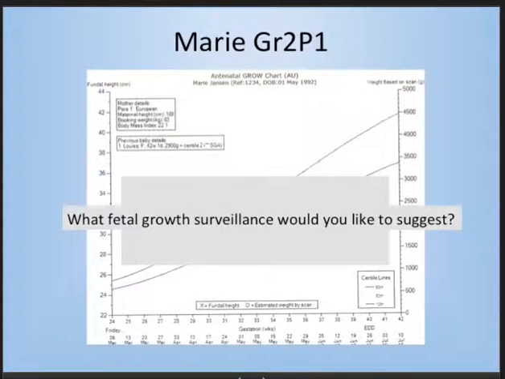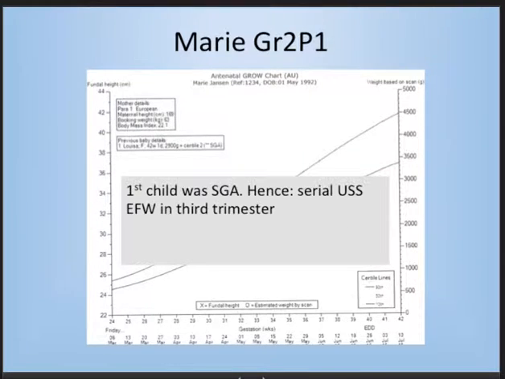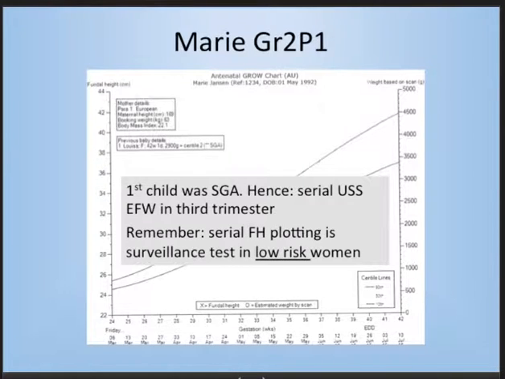Now we see another lady, Marie, Gr3 P2. And what fetal growth surveillance would you recommend for her? Her first baby, Louisa, was below the 10th centile, was even severely SGA, second percentile, hence serial ultrasound scan, estimated fetal weight, and particularly in the third trimester is warranted.